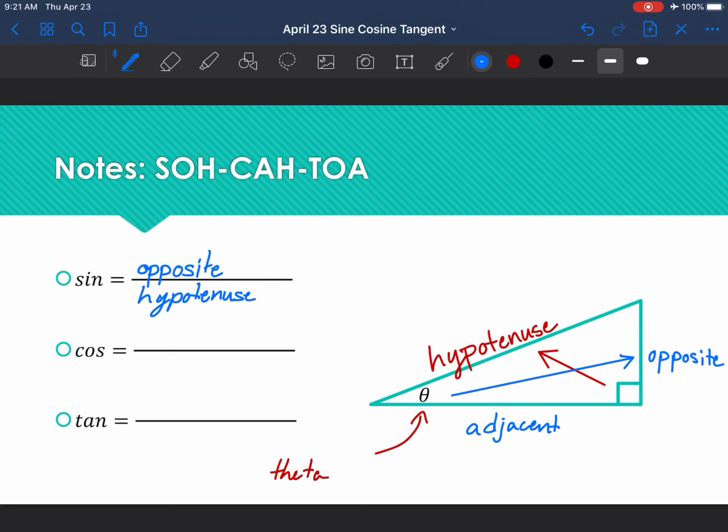Cosine is the adjacent side divided by the hypotenuse. And tangent is the opposite side divided by the adjacent side.